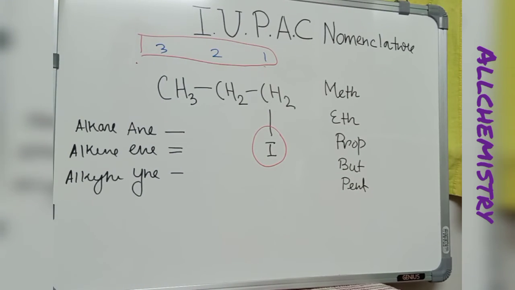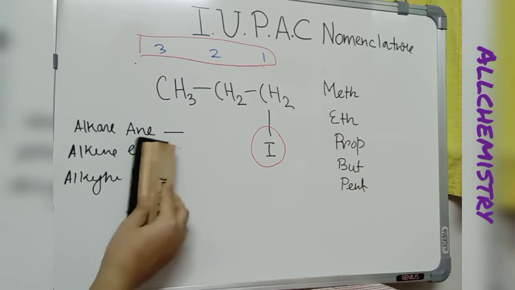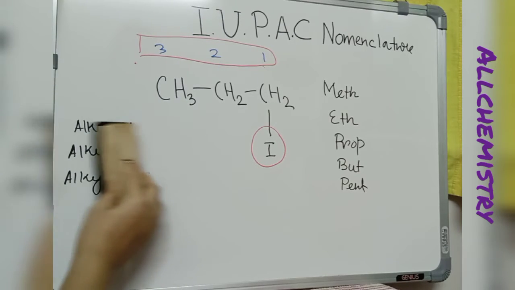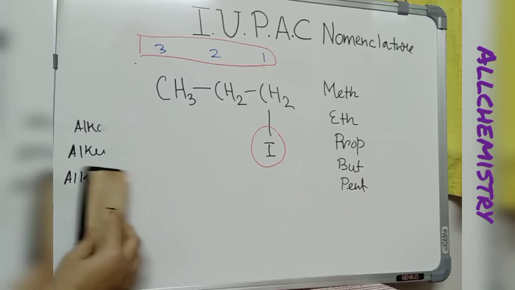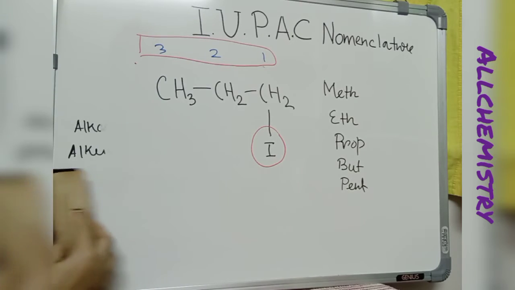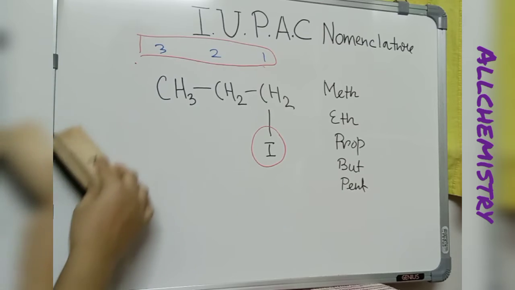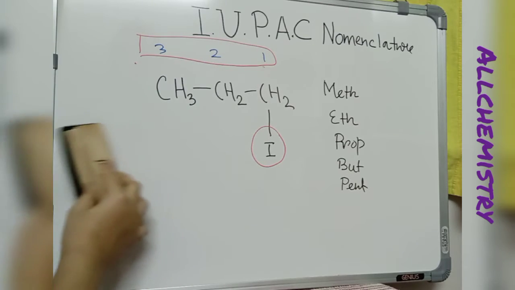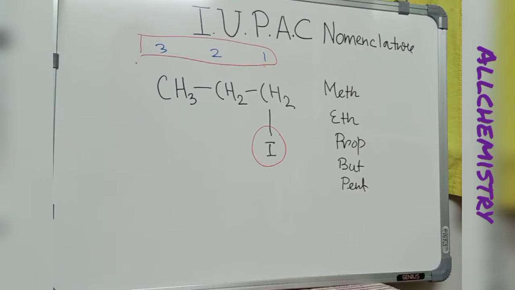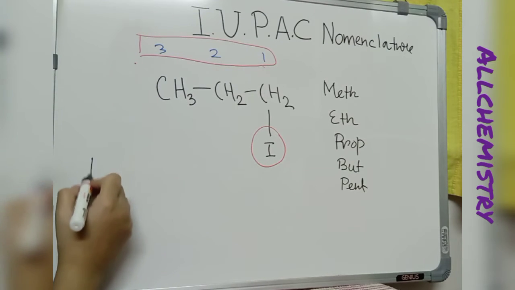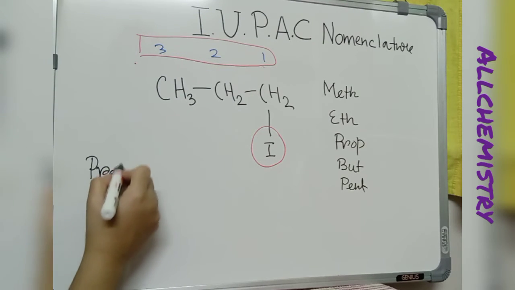So the basic structure will be mainly, first of all, we have to write the substituent. How will we write that substituent? We will write it in terms of its prefix. So we have to write the prefix of the substituent first.